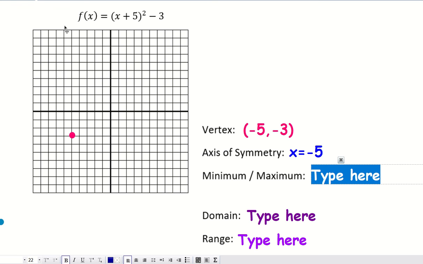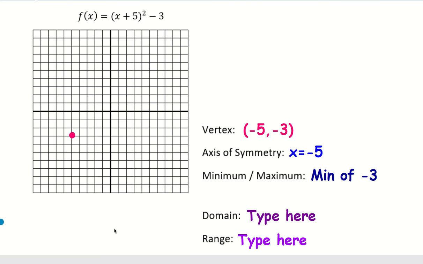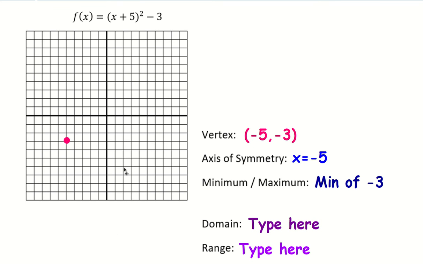So this parabola would be right side up, which means we would have a minimum of what? Of negative 3. And so our domain would once again be negative infinity to infinity, and our range would go as low as negative 3 and would go up to infinity.